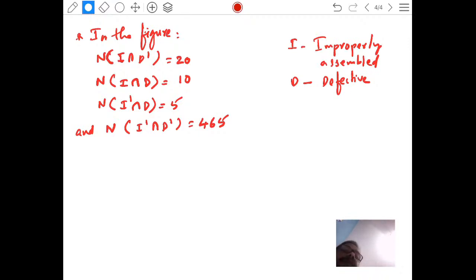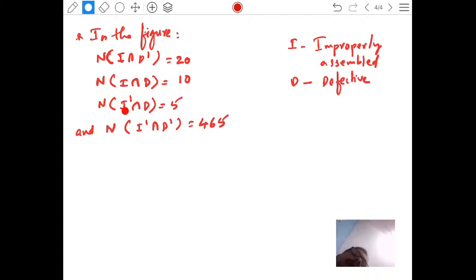Okay. So then what is the next value? Next is n of I complement intersection D, which is equal to 5. So here the number of machine parts which are properly assembled. Because I stands for improperly assembled, then I complement stands for properly assembled, or rather we can say which are not improperly assembled, which means that is properly assembled.